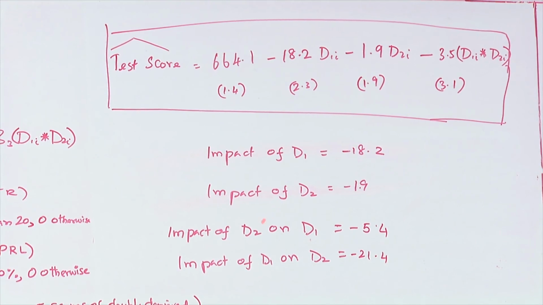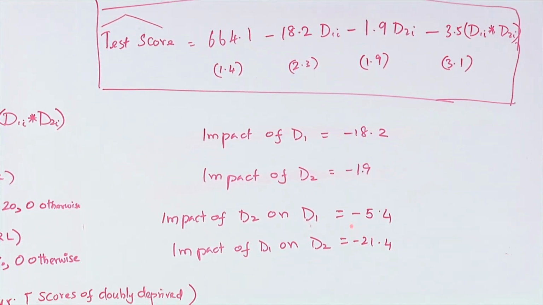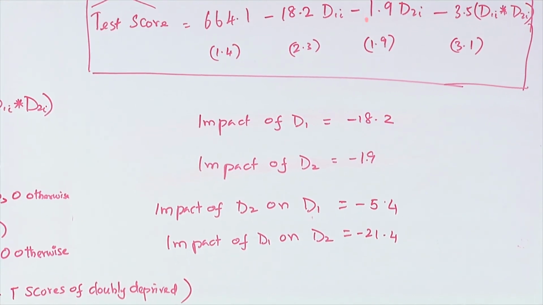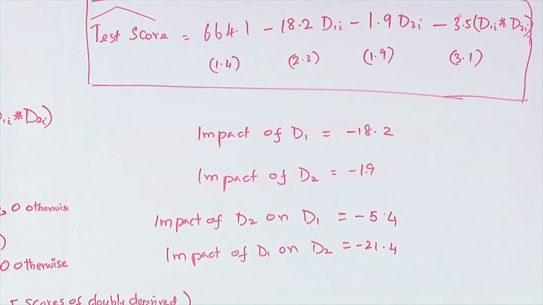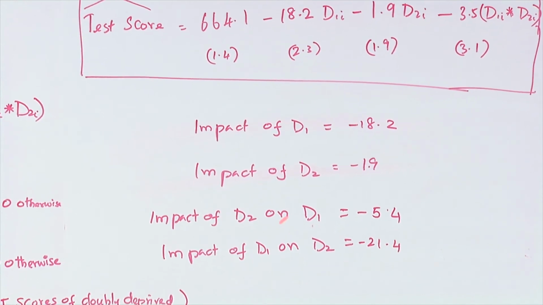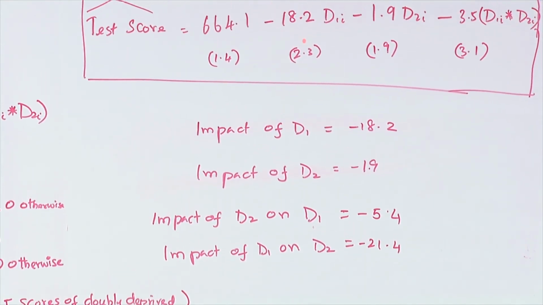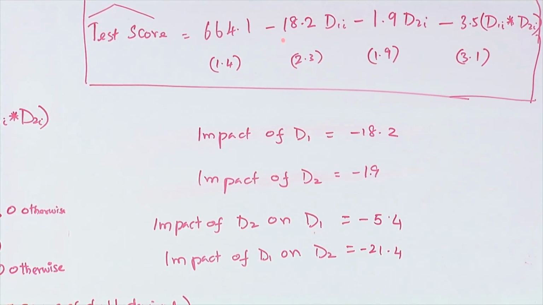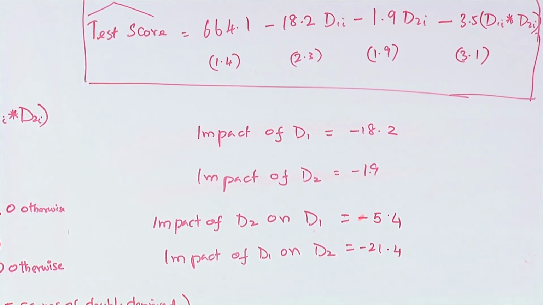The impact of D2 on D1 is minus 5.4, the addition of beta 2 and beta 3, and the impact of D1 on D2, that is the addition of minus 18.2 and minus 3.5, is minus 21.4. So, this is the measure of impact of D1 on D2.